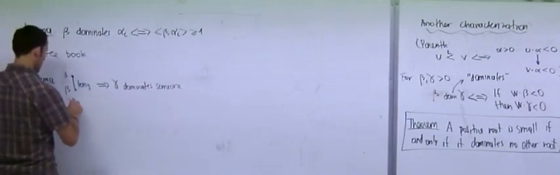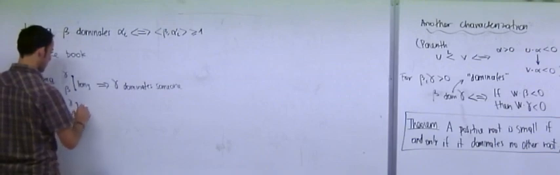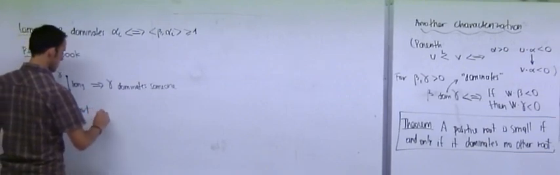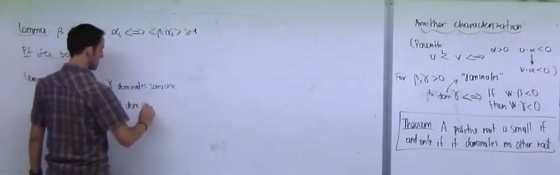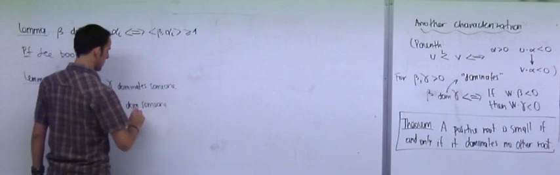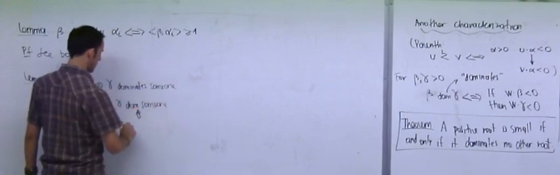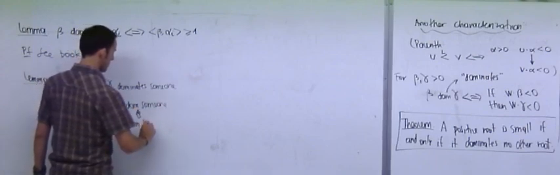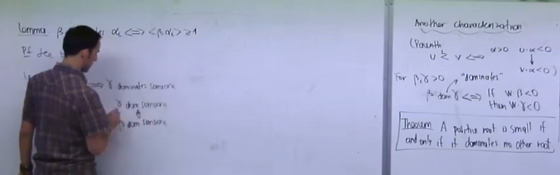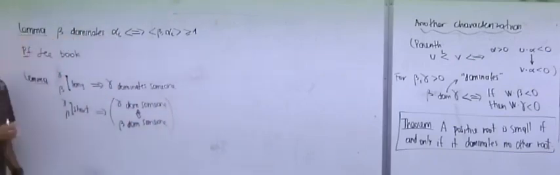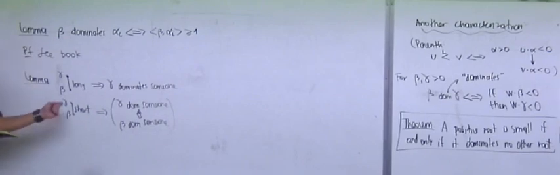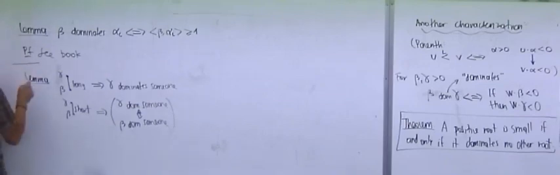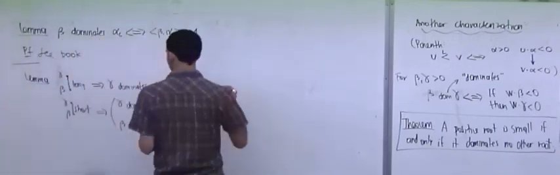And if gamma and beta are joined by a short edge, then gamma dominates someone if and only if beta dominates someone. Okay. So that means that domination is kind of inherited along these short edges. So let's prove this lemma.